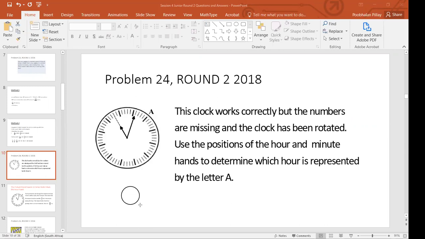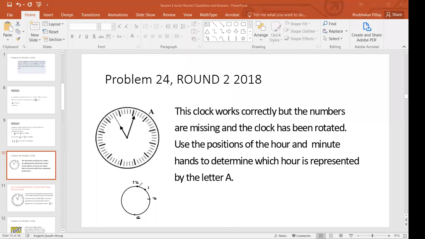It's a circular clock, and you have numbers. I'm sure all of you have seen this. Starting from the top you have number 12 here, and then you have 1, and 2, and so on. Right down here you have 6, and it goes on like that.